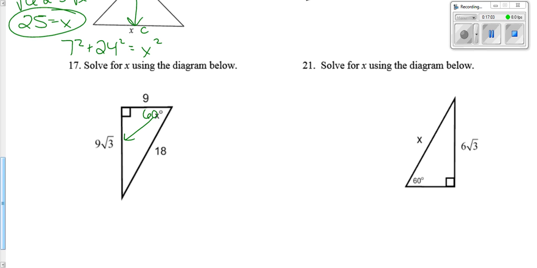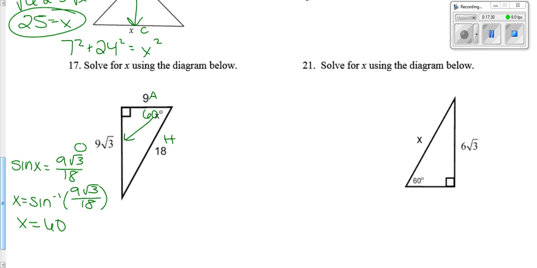So our 9 radical 3 is our opposite. 9 is our adjacent. 18 is our hypotenuse. So if I wanted to use sine, then I would have the sine of x is 9 radical 3 over 18. And so I'd have to use inverse. When I put that into my calculator, I get that x equals 60.